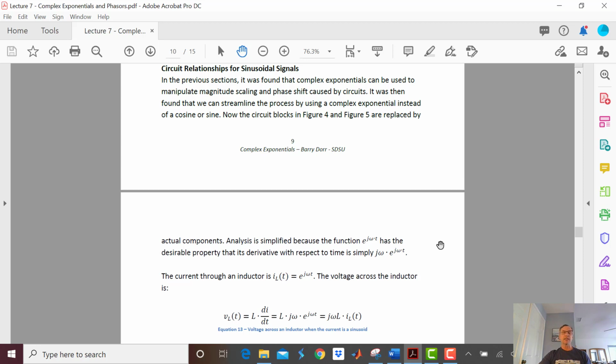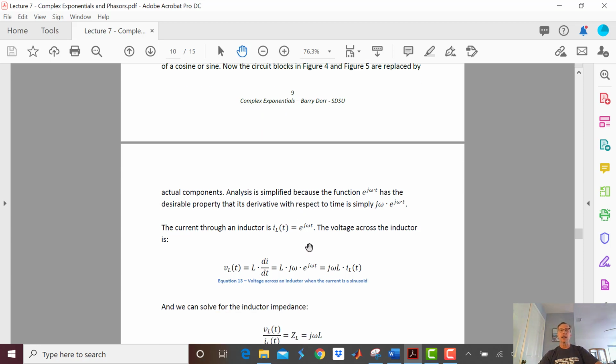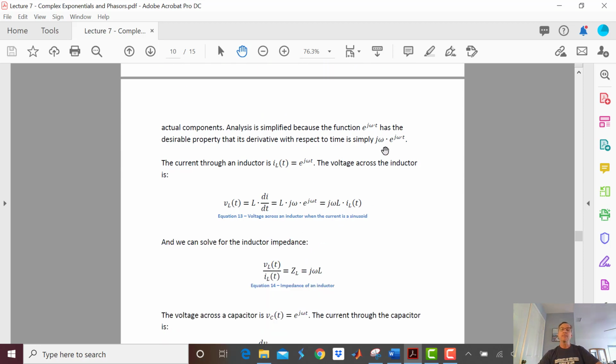And the analysis is simplified because the function e to the j omega t has this wonderful property that its derivative with respect to time is simply j omega e to the j omega t, right? I take the derivative of this complex exponential with respect to time, and j omega is constant, so it just goes out here. So I have j omega e to the j omega t for my derivative.